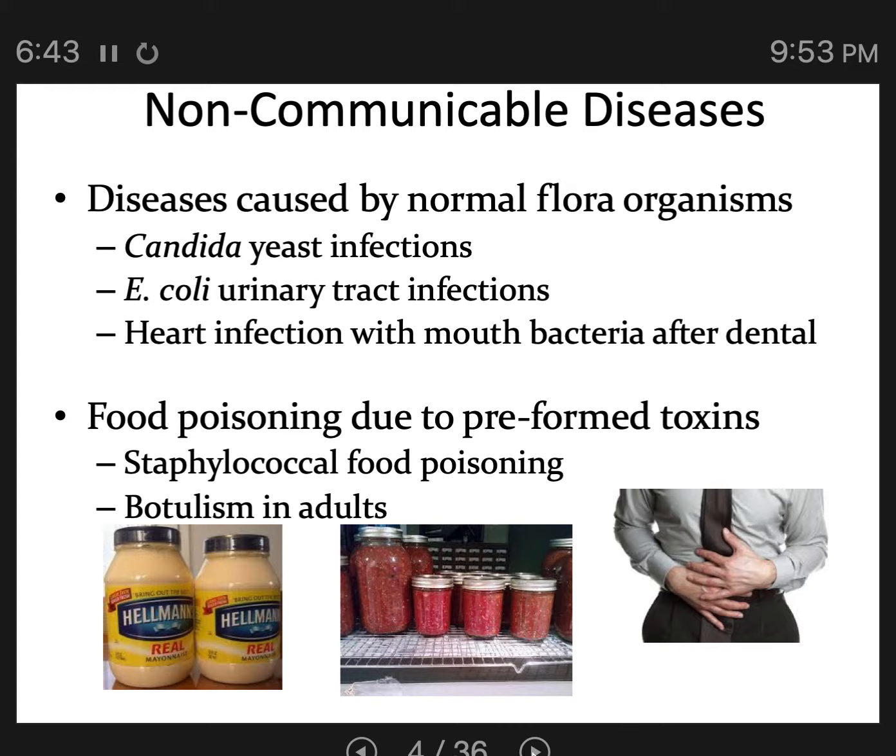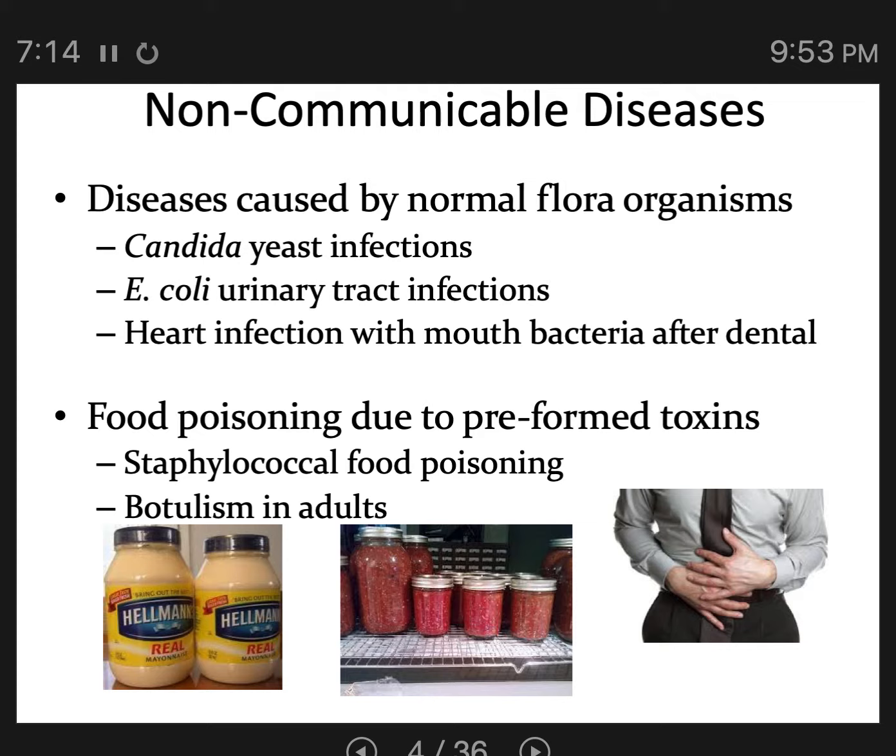So another sort of non-communicable disease can be from food poisoning due to preformed toxins. So the two examples I have up here are staphylococcal food poisoning and botulism in adults. So in both of these cases, the microbe can get into the food, and while it's living in the food, it's metabolizing, it's breaking down the food and making waste products, and the waste products are pathogenic to a human who might ingest them.